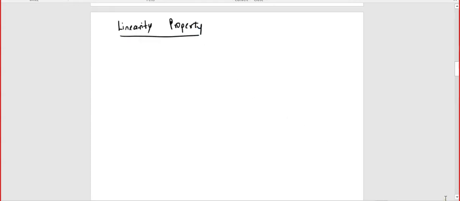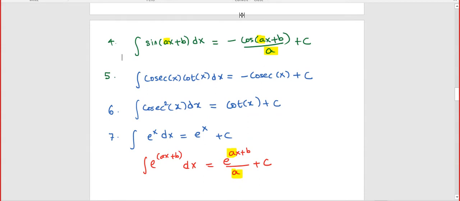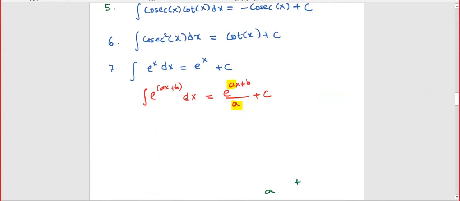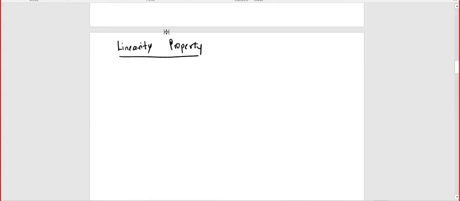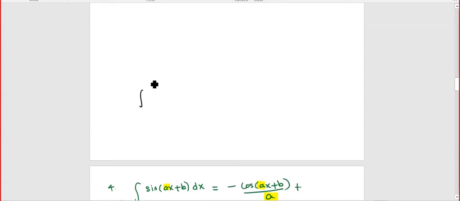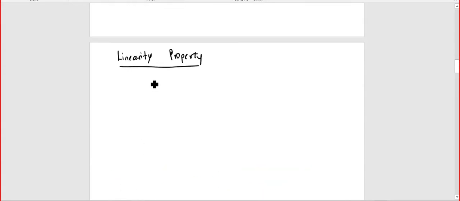We have seen all these functions, the integration of all these functions separately, individually. Now we need to know what will happen if we need to find the integration of a sum or product of two functions. Say integration of the sum of two functions.